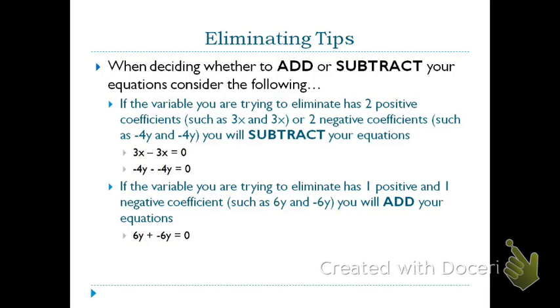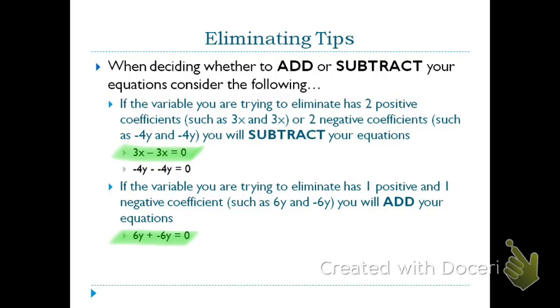Also, one other concept we need to keep in mind is that with elimination, we need to get a zero pair. Like when we have this 3x minus 3x, it must be a zero pair where you have something that cancels out.